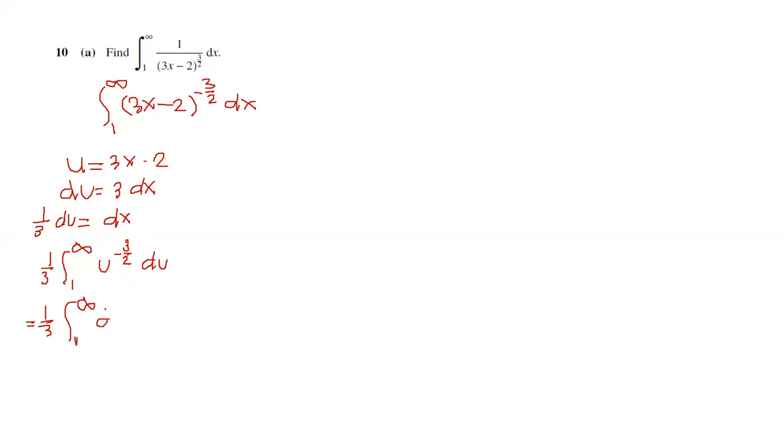I'm going to find the outcome of the integration: u to the power negative 1/2 over negative 1/2, and it becomes negative 2/3, from 1 to infinity, of 1 over the square root of u, which means 3x minus 2. Okay, I'm going to move here.